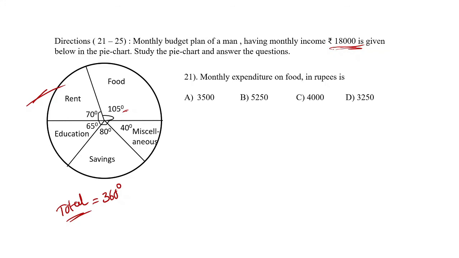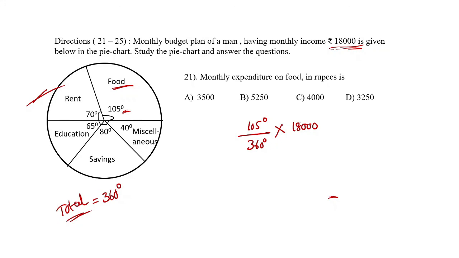See the 21st question. Monthly expenditure on food in rupees is. On food, what is the degree value? 105 degrees, from the total 360 degrees. So 105 degrees by 360 degrees into income, which is 18,000.